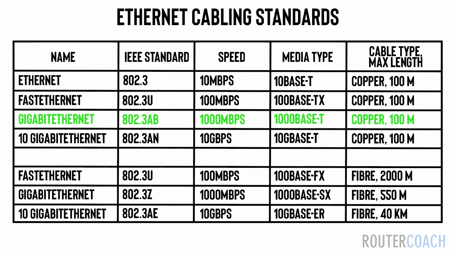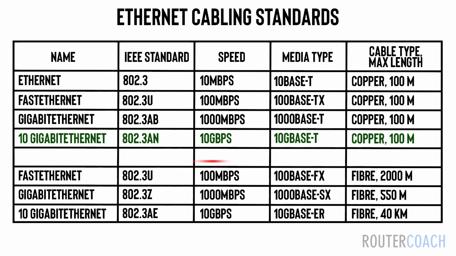It uses twisted pair copper cables and supports a maximum cable length of 100 meters. 10GBASE-T. This is a 10 gigabit Ethernet standard that provides a maximum data transfer rate of 10 gigabits per second. It also uses twisted pair copper cables and supports a maximum cable length of 100 meters.